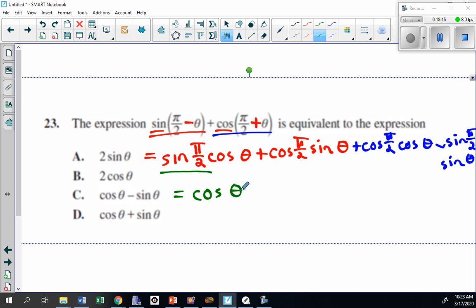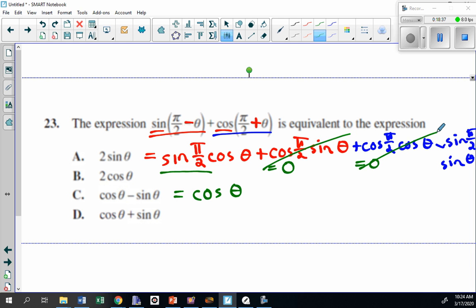Alternatively, cosine pi over 2 is equal to 0, so we don't have to worry about that term. That term is gone. And then again, we have cos pi over 2, which is equal to 0. Anything times 0 is 0, so that one is gone as well.